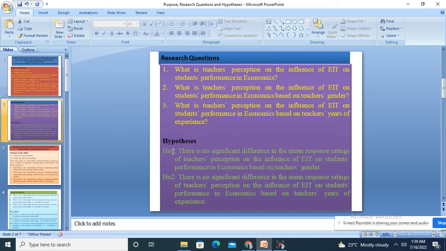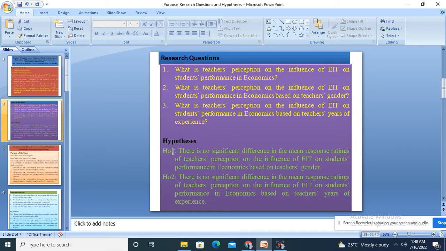Now HO1: there is no significant difference in the mean response ratings of teachers' perception on the influence of EIT on student performance in economics based on teachers' gender. That means that in this study, we want to use mean and standard deviation to answer our what? Research questions.